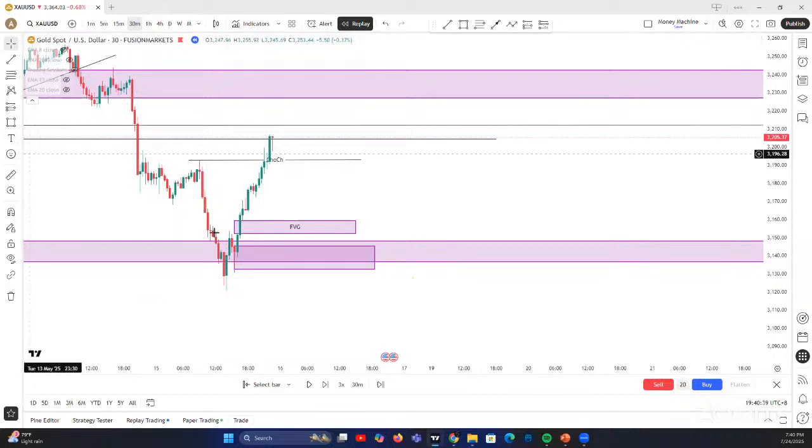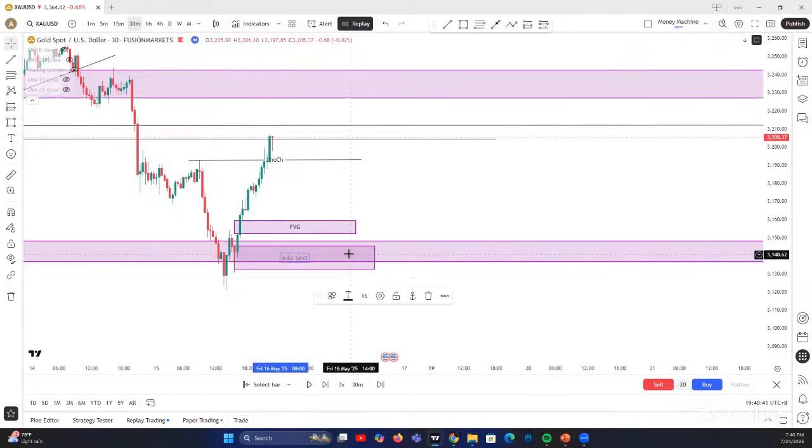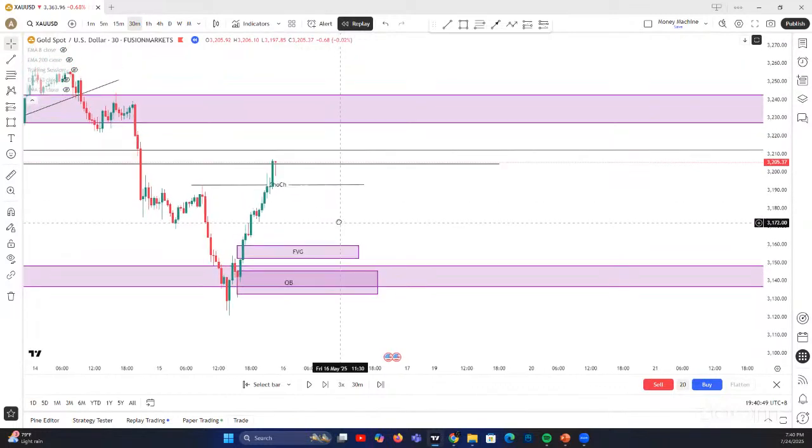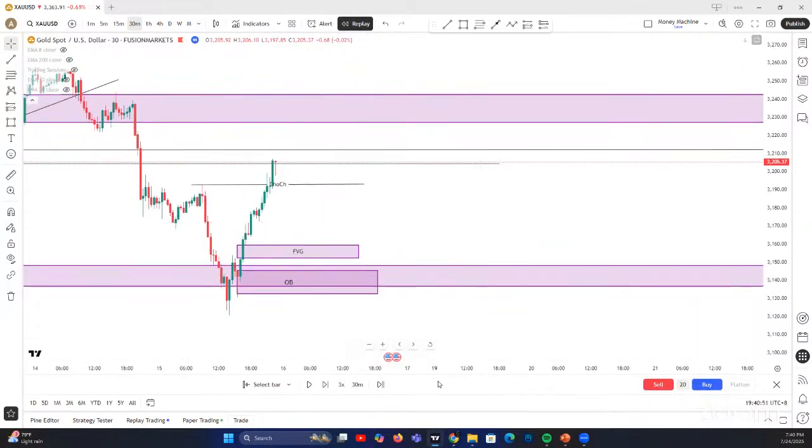Let's just put something here. Order block. So price could pull back to these two here. Okay? Let's see what it will respect. Let's play this.